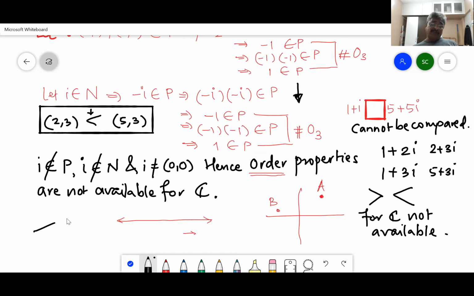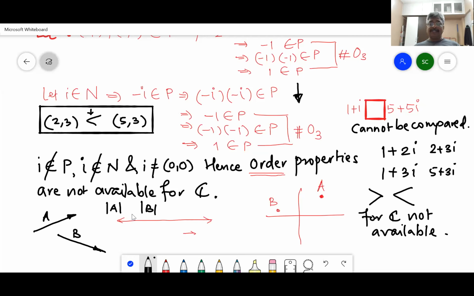Similarly, like vectors, you must have studied some vectors in physics. Tell me which is the greater vector, A or B? Or which is the smaller? It can't be compared. You cannot say A is greater than B or A is smaller than B. Magnitudes can be compared. If you take the absolute value of A, the length of A and the length of B can be compared.